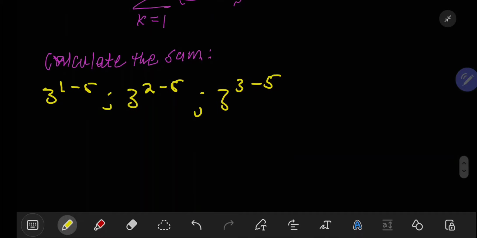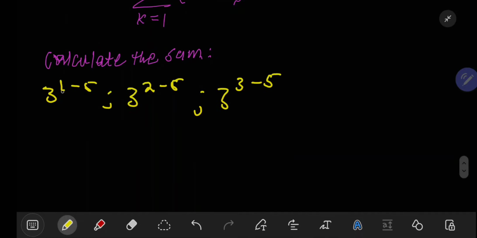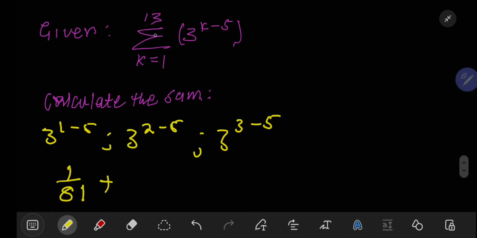Now when you work with this on your calculator, you're going to get this is 1 over 81. Plus, the reason I'm putting this plus is because this sigma notation is showing us that we must calculate the sum. So to calculate the sum, it means you are working with a series.